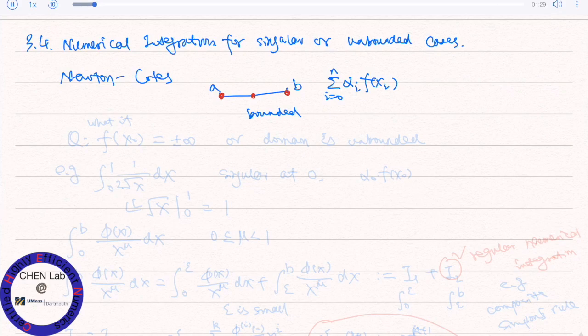So the question is, what if f at, for example, x0 is plus or minus infinity, or the domain is unbounded? This is covered in the book, and I'm going to give you 2 examples here, one for each.